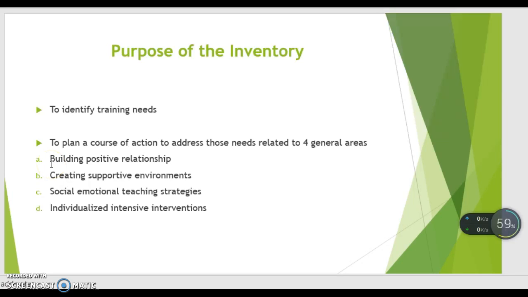So the purpose of the inventory is to identify training needs and to plan a course of action to address those needs related to 4 general areas: building positive relationships, creating supportive environments, social teaching strategies, and individualized intensive interventions.